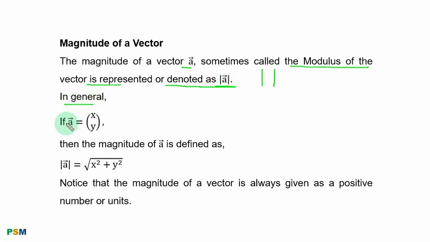In general, if vector A is given as a column vector with the entries s and y, then the magnitude of vector A is defined as the square root of the sum of squares of the various components, that is, square root of s squared plus y squared.